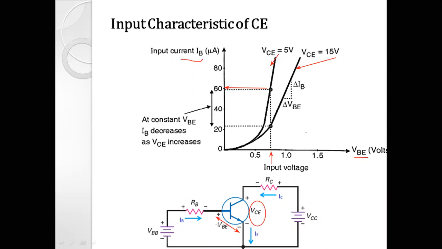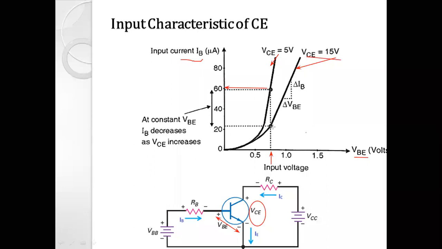That means I'm not going to change this VBE voltage. But if I increase VCE, then what happens to the base current? If I increase VCE, that means here VCE is equal to 15 volts, so we get this other characteristic.